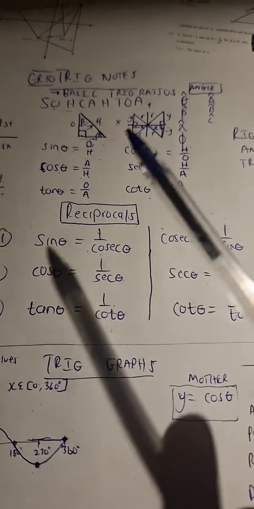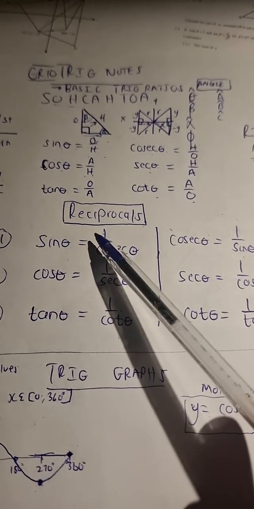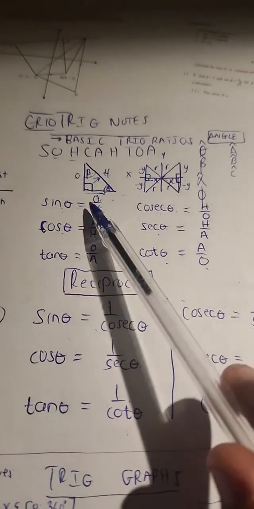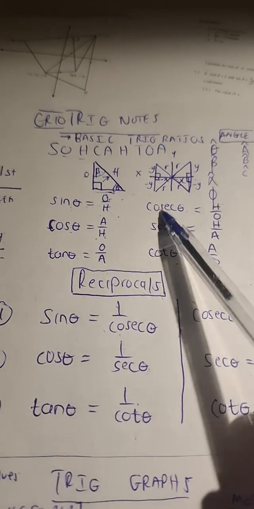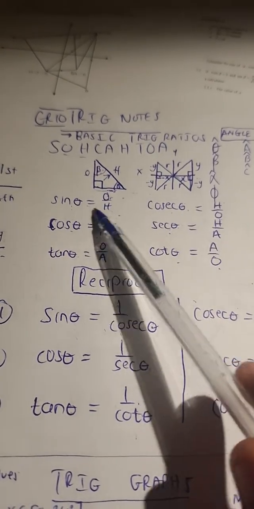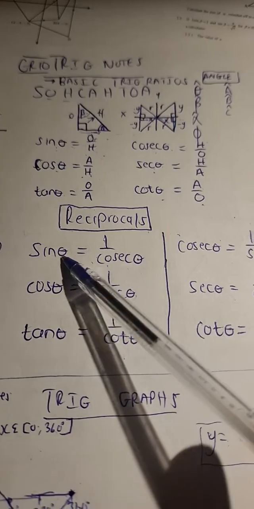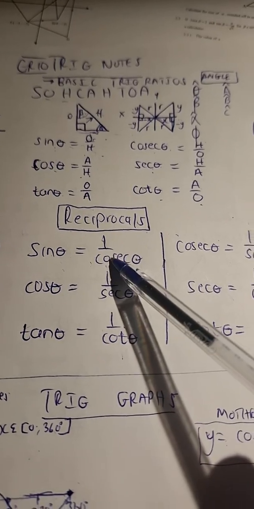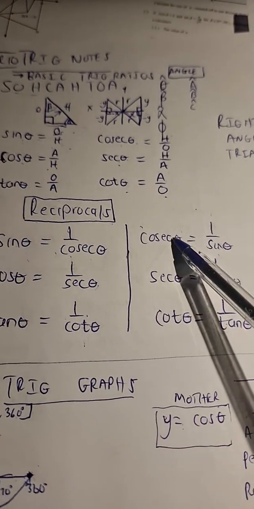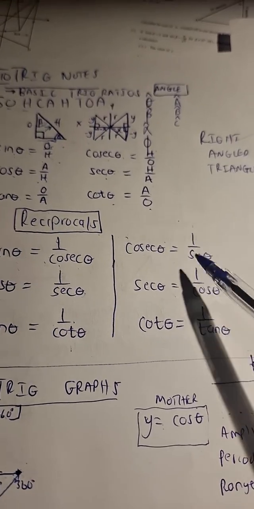Your concern is, how do you convert? Remember, sine and cosec are what we call reciprocal trig ratios. So sine theta can be written as 1 over cosec, but cosec can be written as 1 over sine.